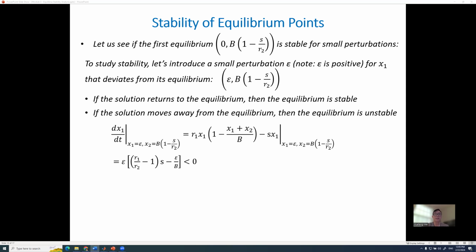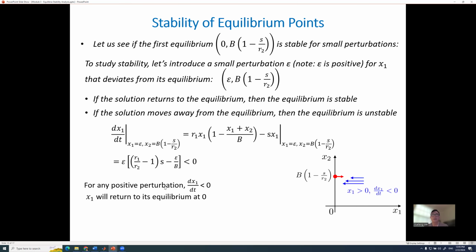So for any positive perturbation, no matter big or small, x1 will return to its equilibrium at 0. This is satisfied for any perturbation epsilon.